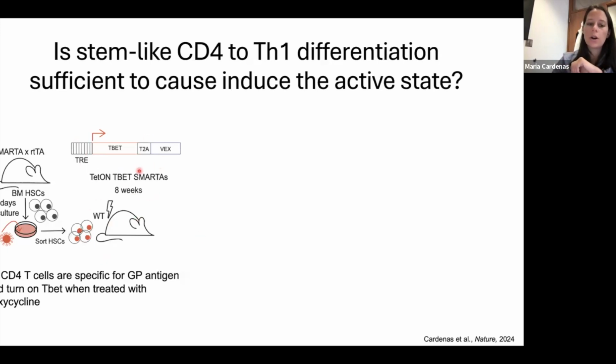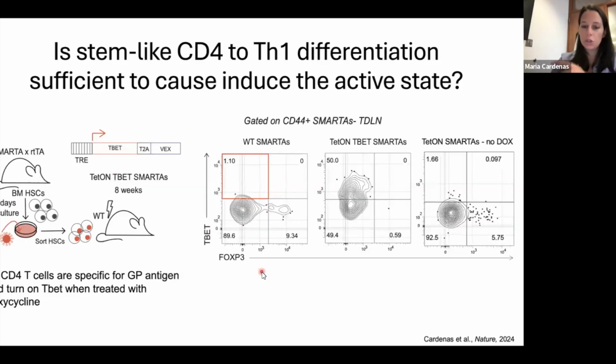And so these mice are SMARTA, so they're TCR transgenic for the glycoprotein, and they're also TET-dependent enforced TBET. And this is just to show you that the model works, right? Wild-type SMARTAs usually only become either stems or Tregs.